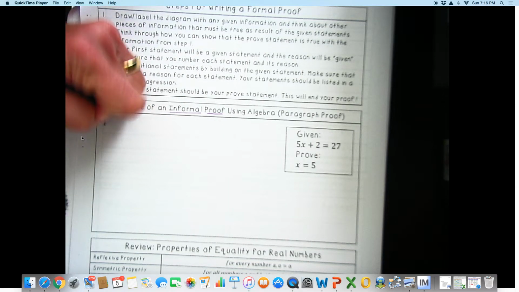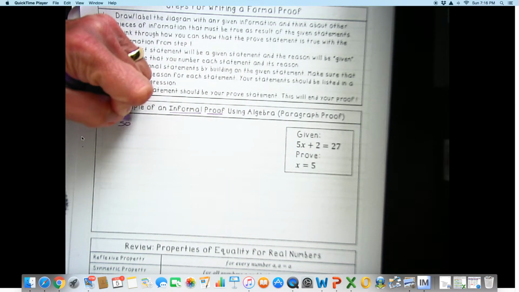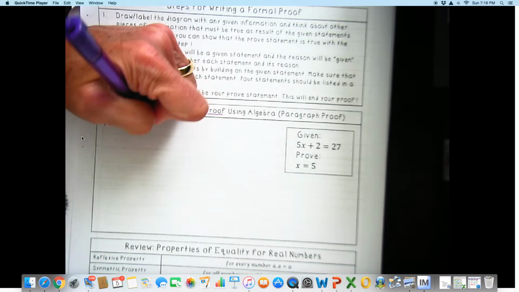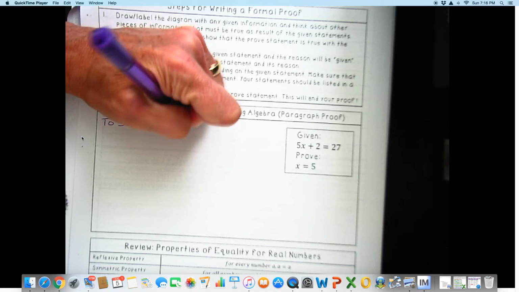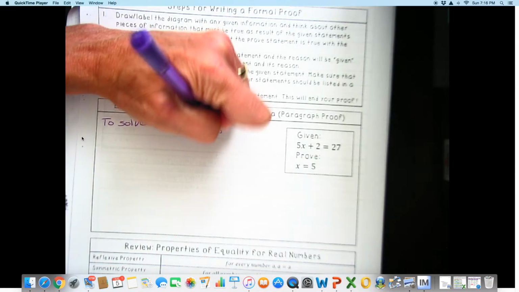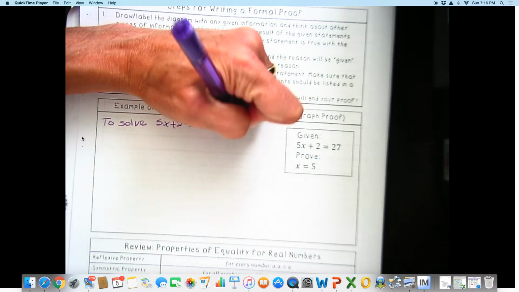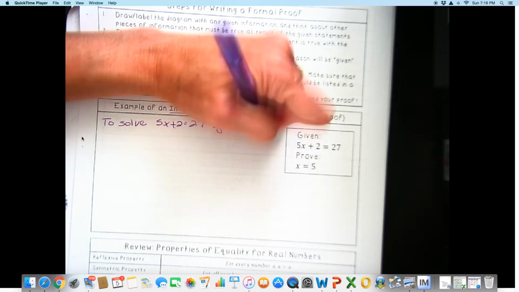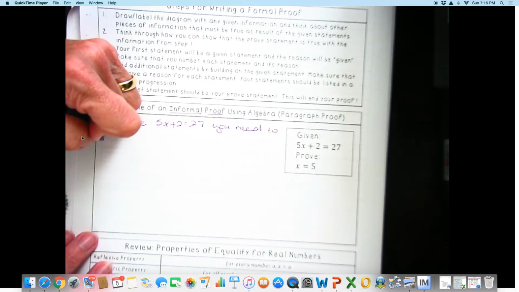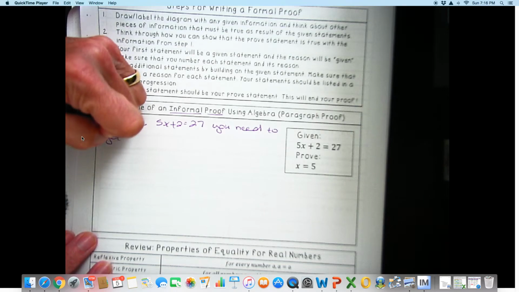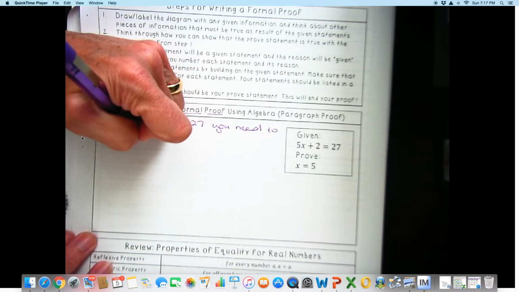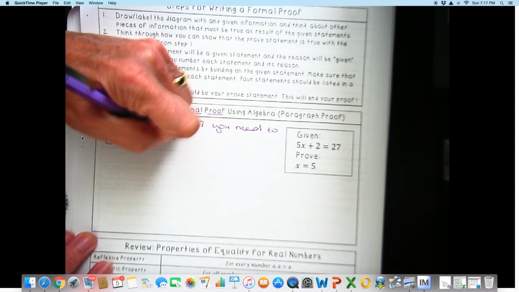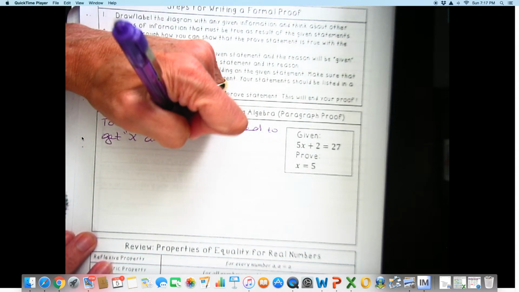Okay, so I would say, to solve 5x + 2 = 27, you need to get "x" alone on one side of the equation.